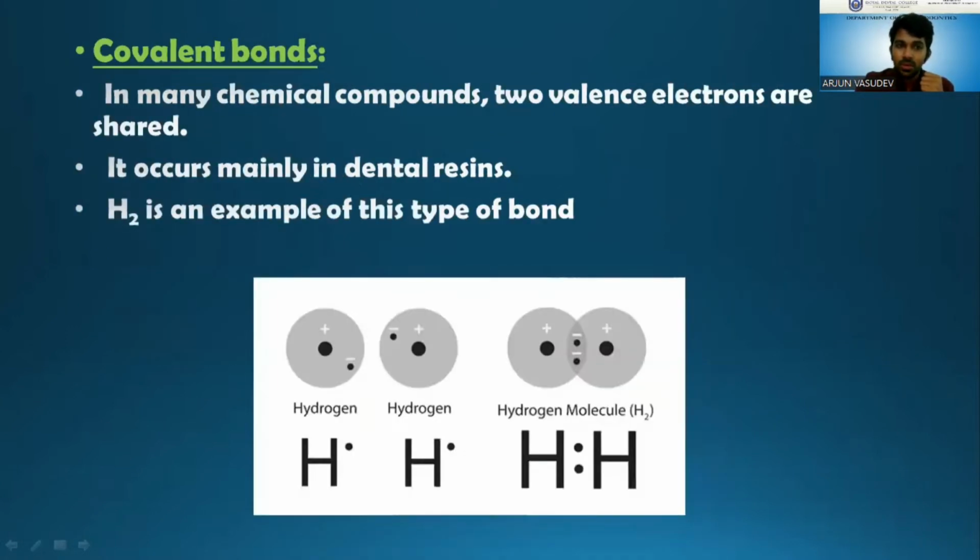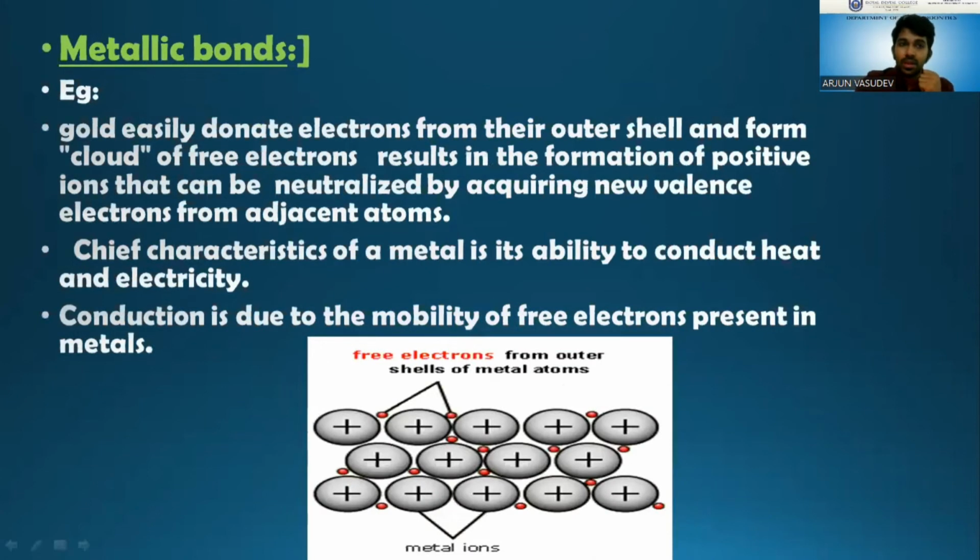Now, covalent bonds. In many chemical compounds, two valence electrons are shared. It occurs mainly in dental resins. Hydrogen is an example of this type of bond. Metallic bonds.